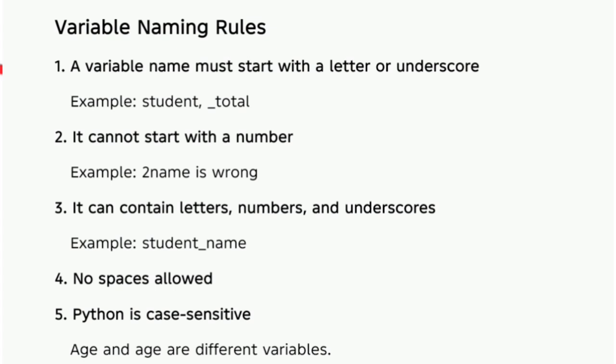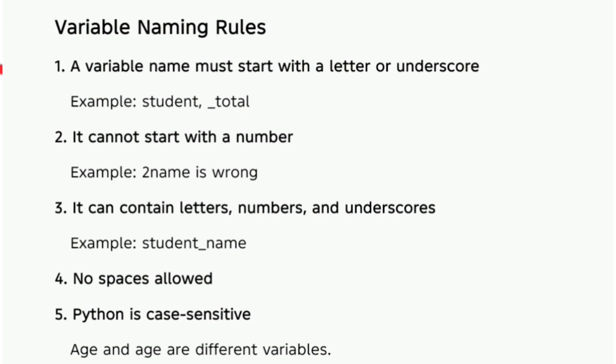For example, variables student, total, and so on. Rule number 2, a variable name cannot start with a number or a digit. For example, the variable name 2Name is invalid because this variable starts with a number.